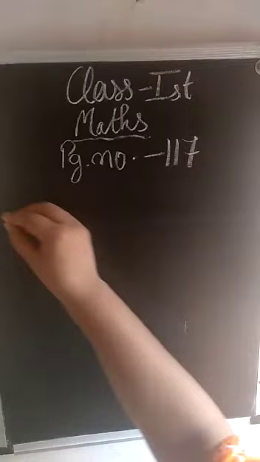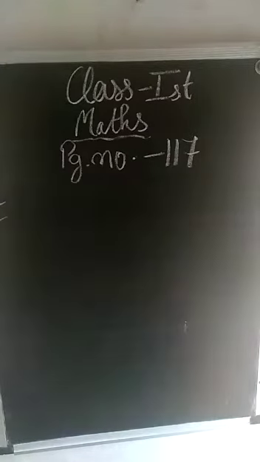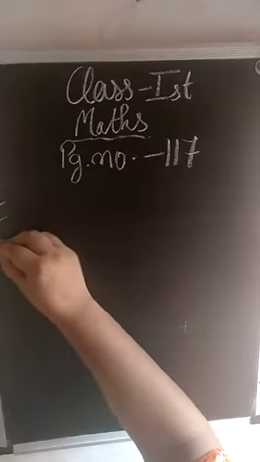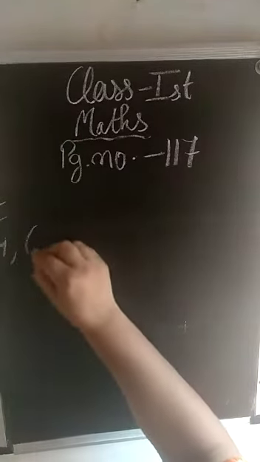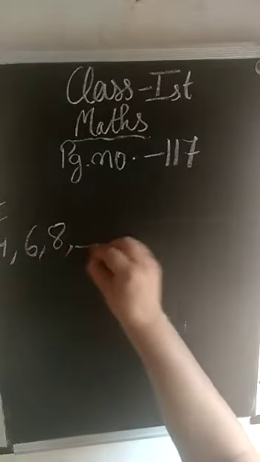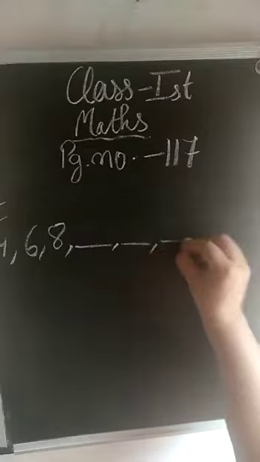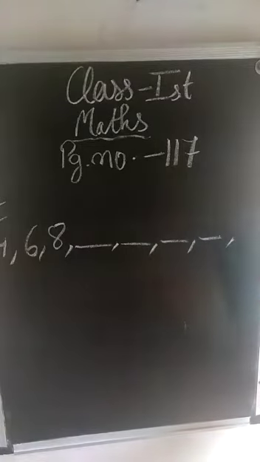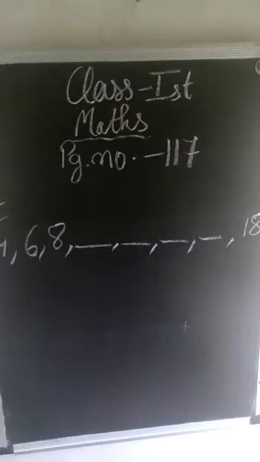Now your second sum of the same exercise is fill in the missing number, but they had not represented the numbers on a number line. They had given us the skip counting as first sum 4, 6, 8. After that 4 fill-ups are given. At the last they had given us the number.